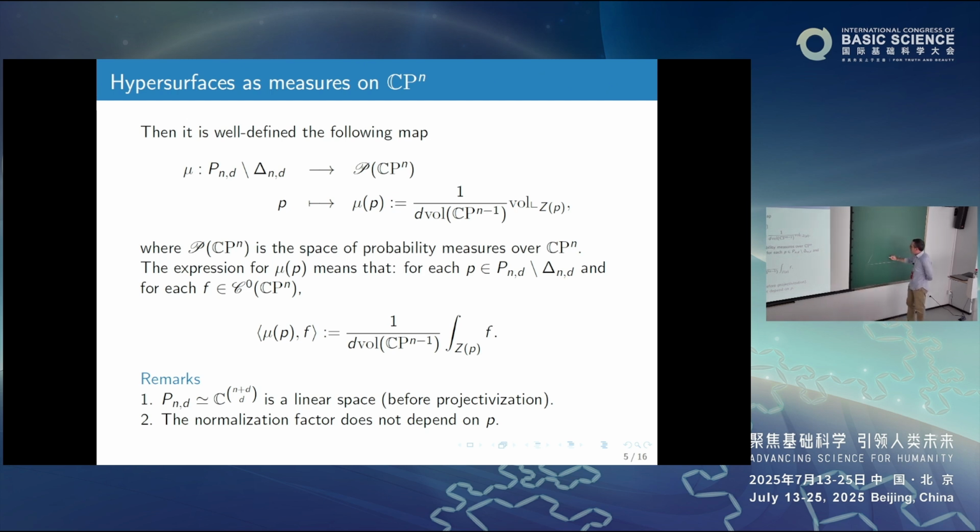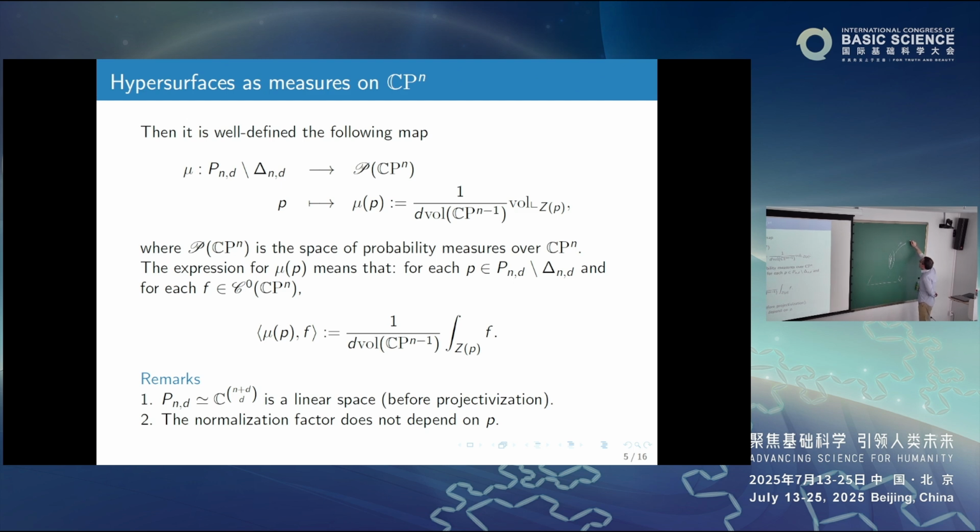So at each point, which we are identifying with these coefficients, we will have a smooth submanifold of CPN, and then from here we are going to the space of probability measures over CPN. Okay, it is just what it is.